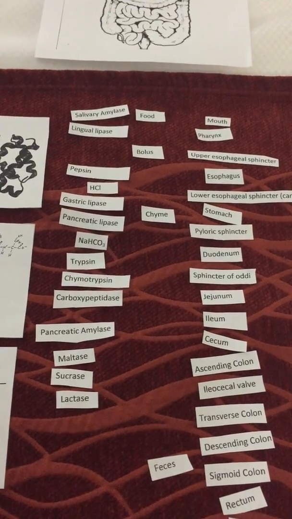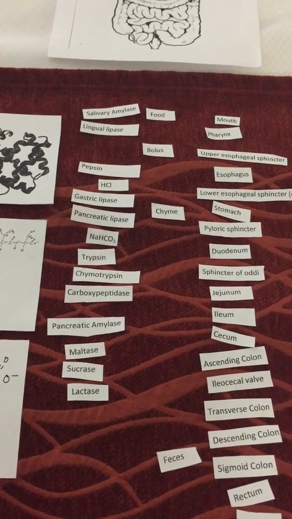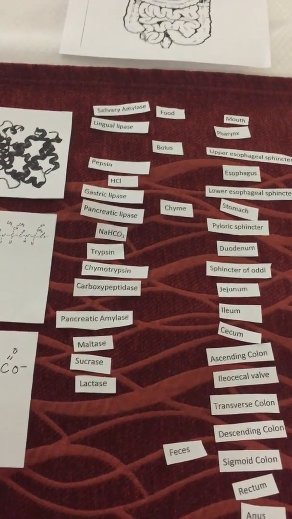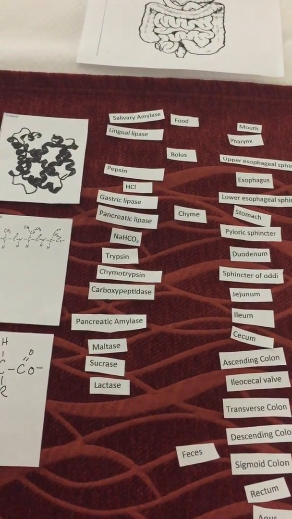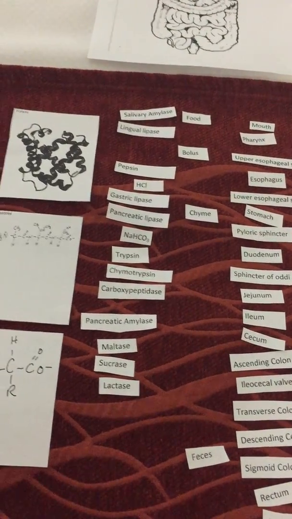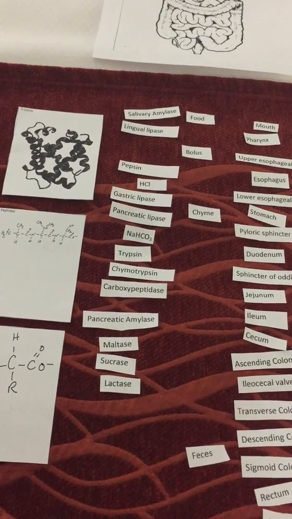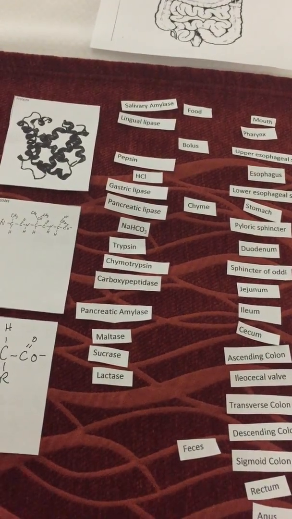Saliva and other fluids, including mucus, blend with the food to form a bolus, a chewed, moistened lump of food that is soft and easy to swallow.